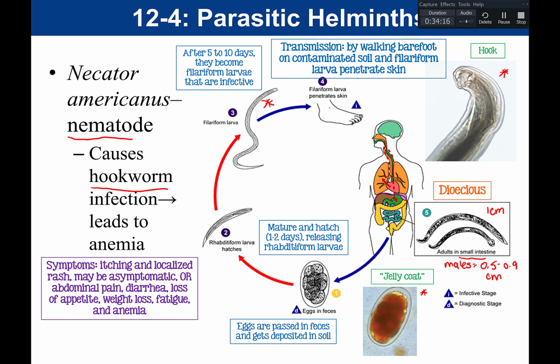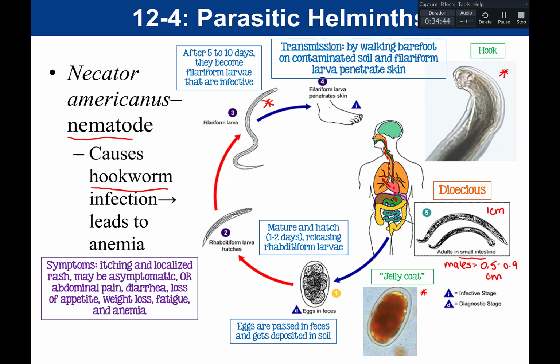They may be asymptomatic. A person with a heavy infection may experience abdominal pain, diarrhea, loss of appetite, weight loss, fatigue, and anemia. And the physical and cognitive growth of children can be affected because, again, we can get an instance where we might not get absorption of nutrients in a proper manner.